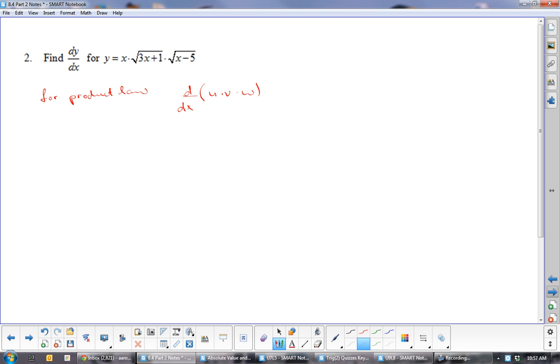If you have to do the derivative of 3 things multiplying, you have to do the derivative of the first times vw plus the first times the derivative of the second times w plus uv times the derivative of the last. And that's a lot of work.